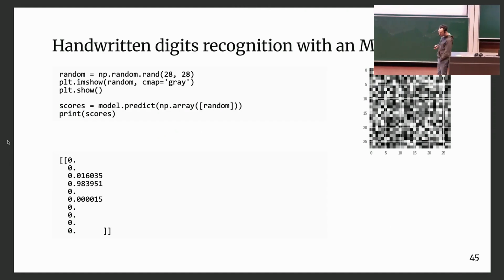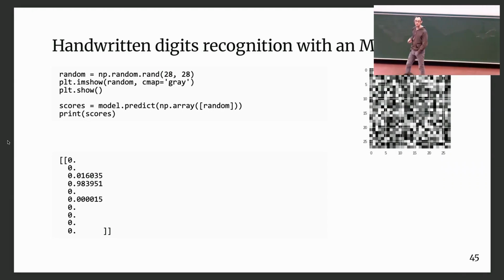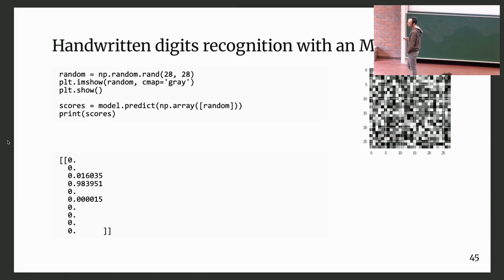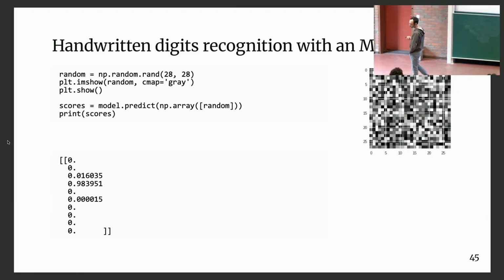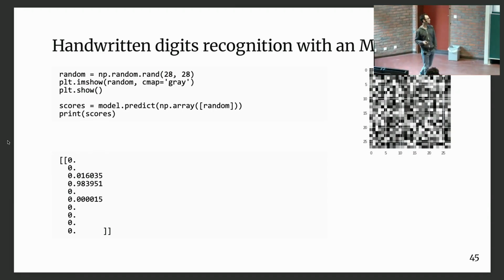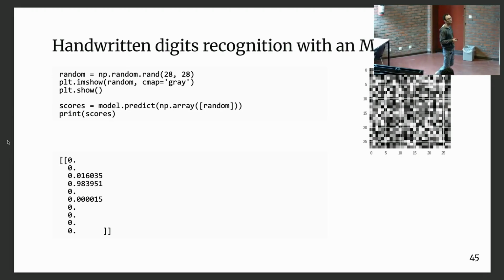Something else that's important to keep in mind is the question, what if you now try to take this trained network and you let it predict on this image, basically just random noise. You will get back an output vector like this, where it's heavily convinced with 98% accuracy that this is the number 3, right? Again, this is weird, but also not so surprising. We know from other models that we should not extrapolate beyond the boundaries of our training data.